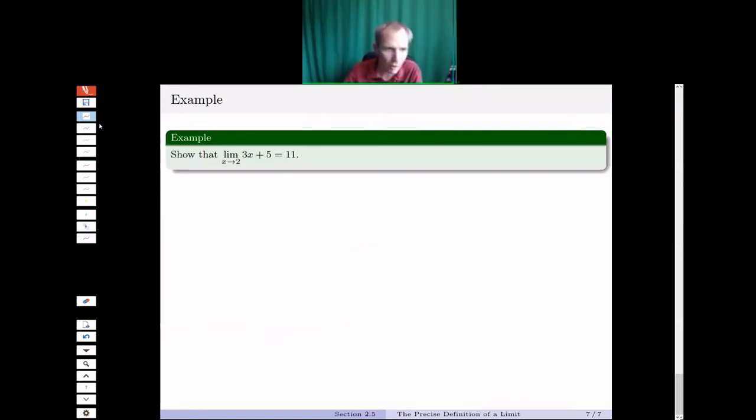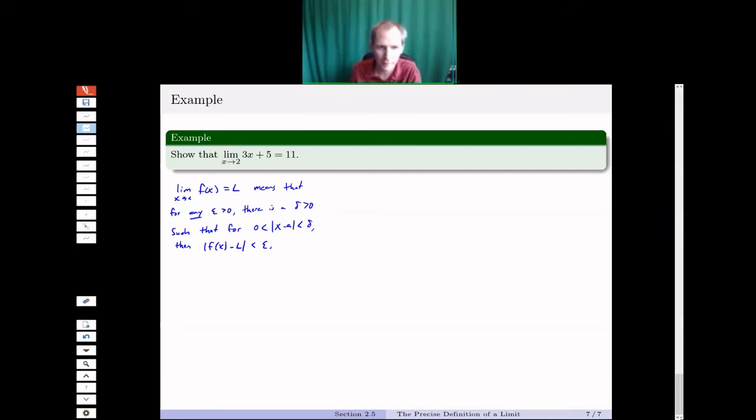Okay, so if I recall our definition, the limit as x approaches a of f of x equals L means that for any number epsilon greater than 0, there is a delta greater than 0 such that for the x values that satisfy this, right, 0 less than the absolute value of x minus a less than delta, then the absolute value of f of x minus L will be less than epsilon.